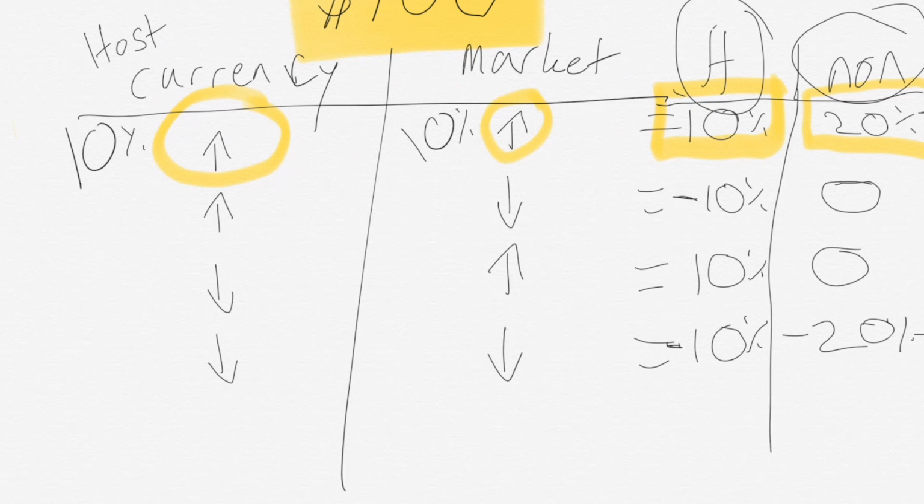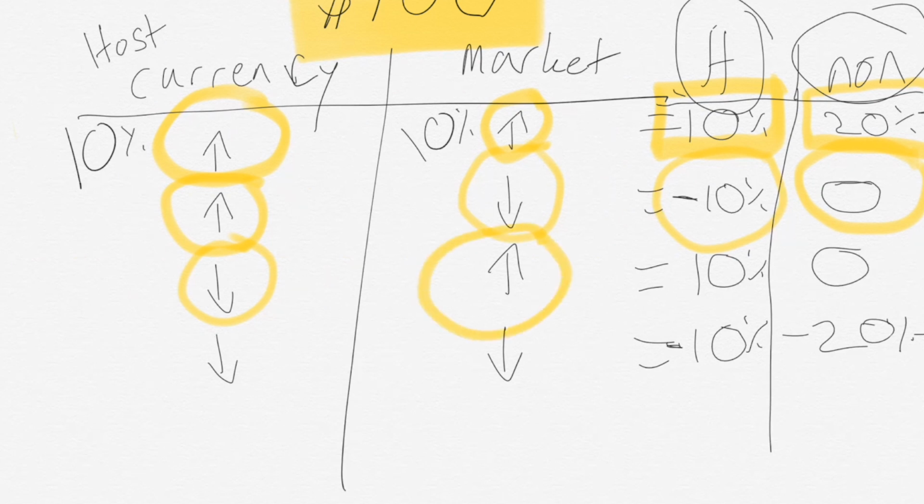Meanwhile, if you're seeing an increase of 10% on currency and a decrease on the market, the hedged is going to be negative 10% and roughly 0 on the non-hedged side. If, for example, you go down by 10% on currency and up 10% on market, that would give the non-hedged roughly 0, and then hedged would be plus 10%.